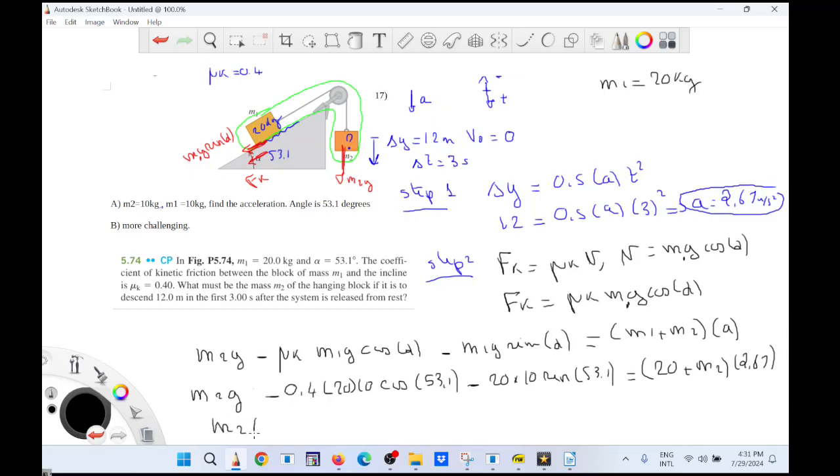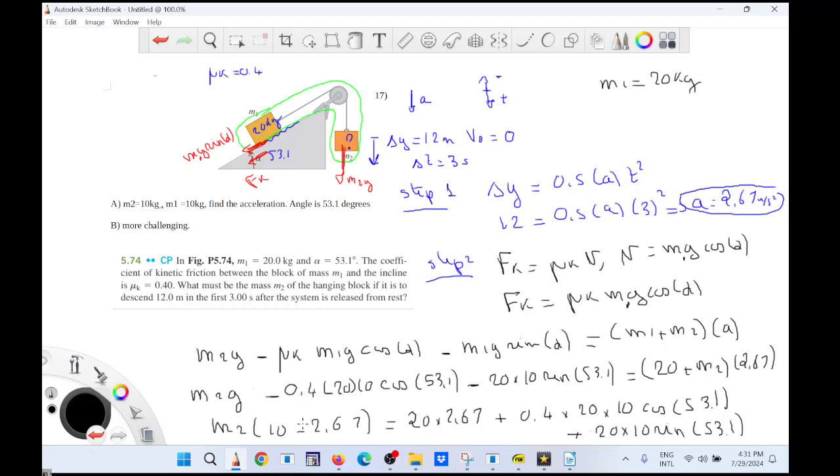So M2, factor out here 10 minus 2.67, is going to be equal to 20 times 2.67, plus 0.4 times 20 times 10 times cosine 53.1, plus 20 times 10 times sine 53.1.